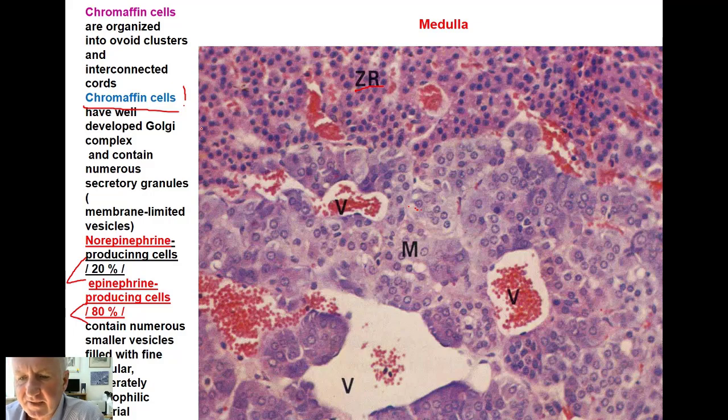The cytoplasm of those cells then has a yellowish brown color. And in the medulla you see already the typical veins, and a bigger vein running in the center of the medulla, because the blood is taken out from the whole suprarenal gland by one suprarenal vein.